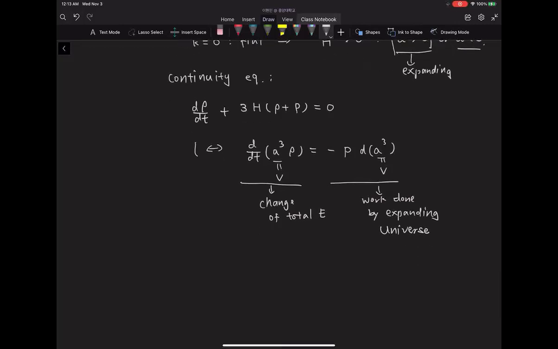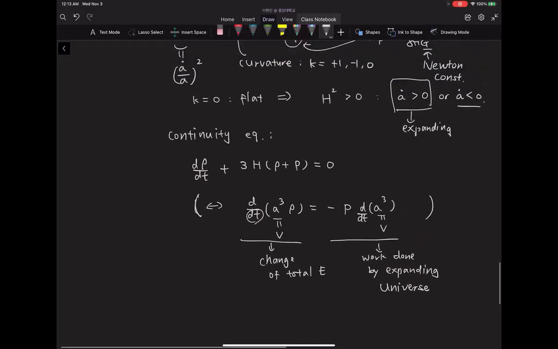So then you can show that, because we have dt on both sides, the change in the energy is given by the work done by the expanding universe. So this is nothing but the energy conservation.